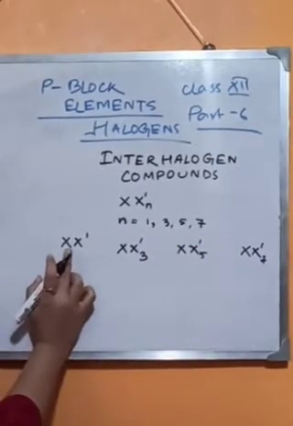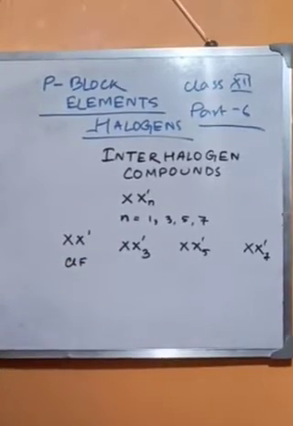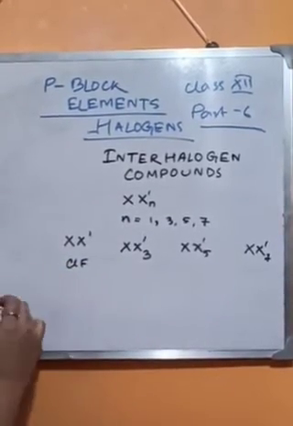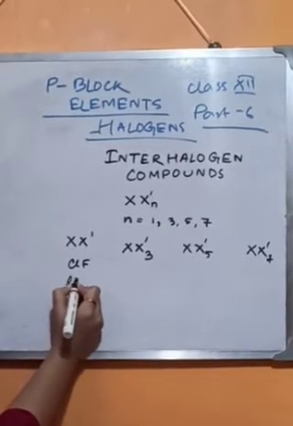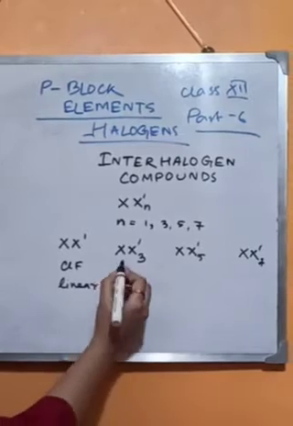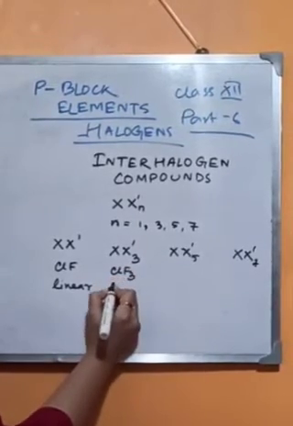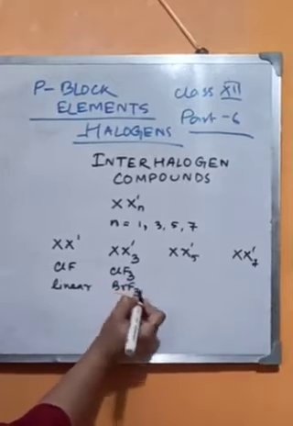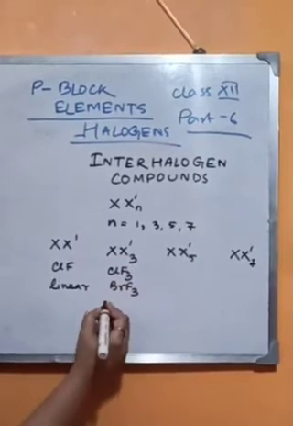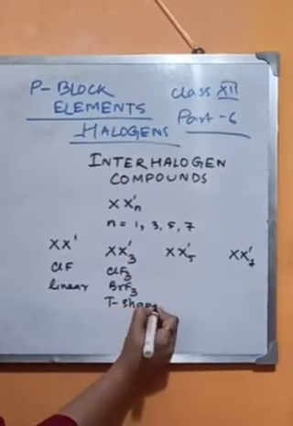Now this type of compound, the example can be ClF. For these type of compounds, the shape or geometry of the compound is linear. For XX'3, the geometry of this compound, or the shape, is T-shaped.